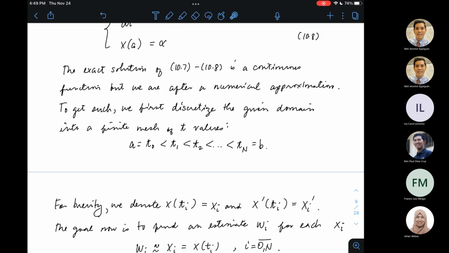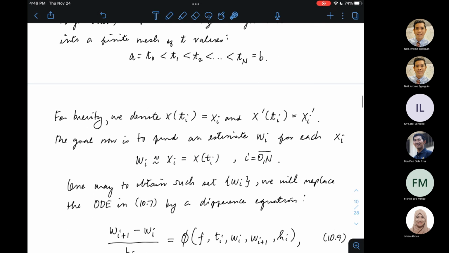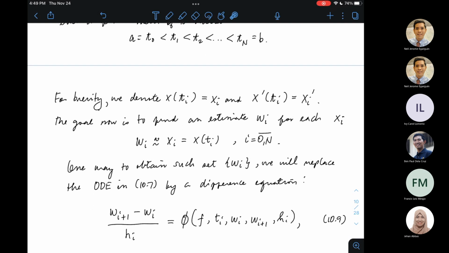All right? So yung interval AB, hatiin ko sa N plus 1 points. At ang goal ko ngayon ay makahanap ng approximate sa function value under the function X ng bawat discretization point na yon. And hence, instead of a continuous function X as my solution, I'm looking for a vector or a collection of finite W sub i's that will approximate X sub T sub i.